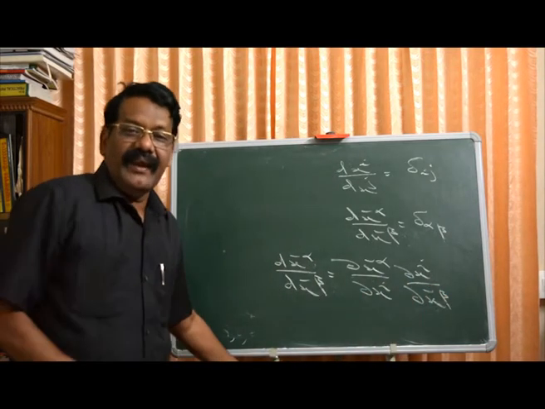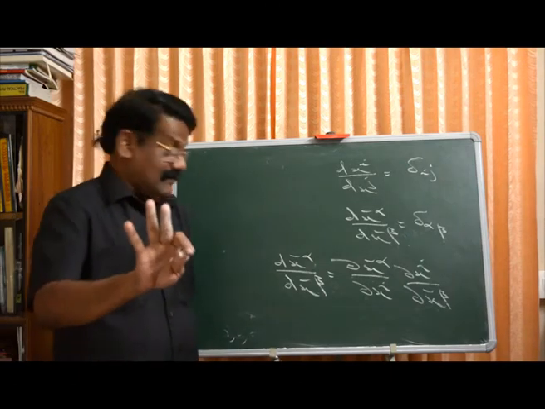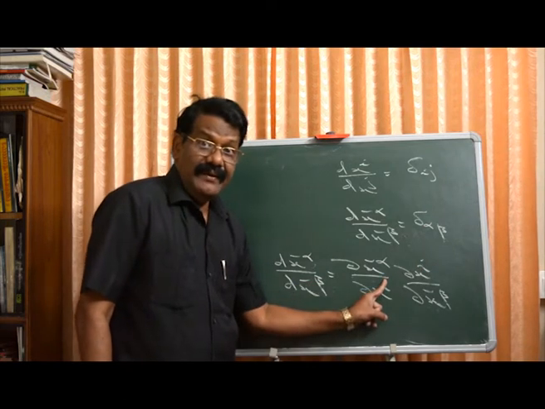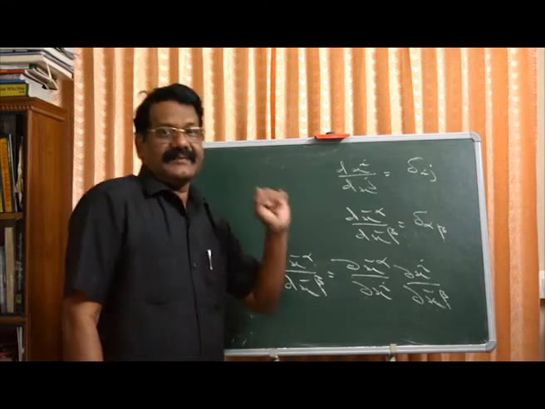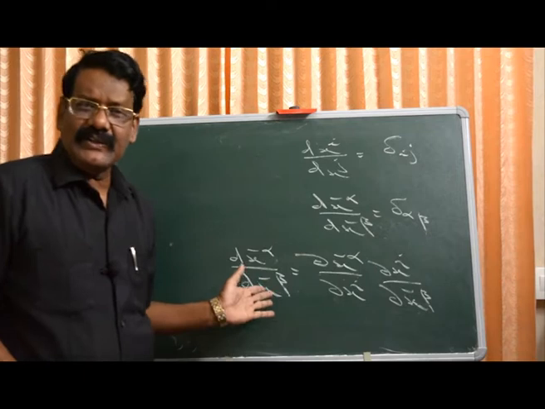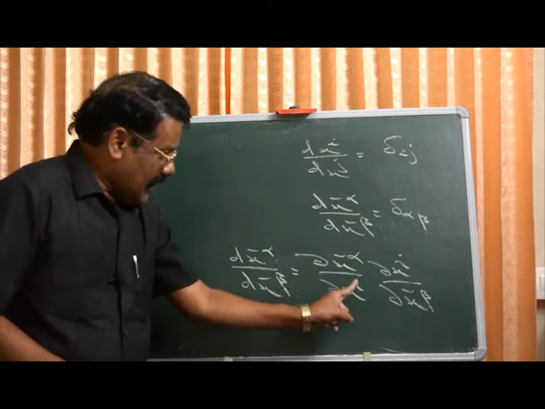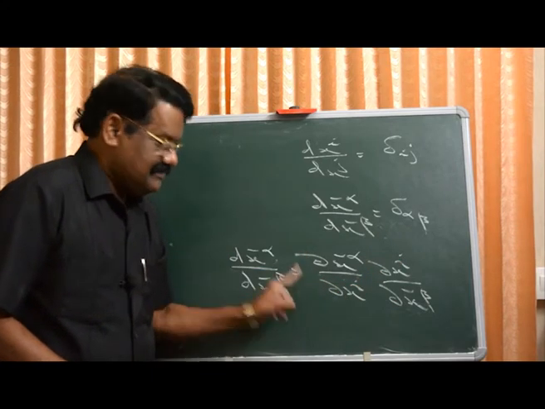You might be remembering the function of a function rule. Here i is a dummy and there must be a summation over i. We are very careful about that. So it's a very lengthy equation.